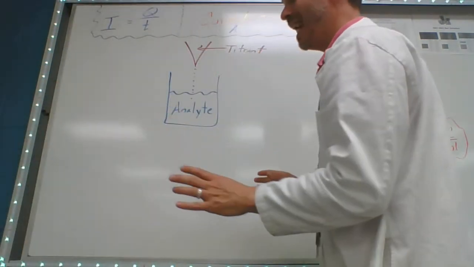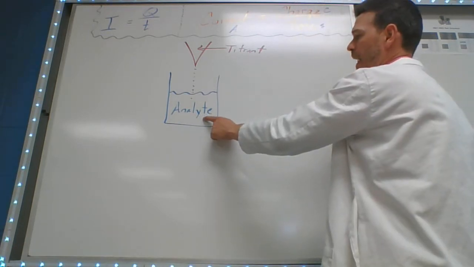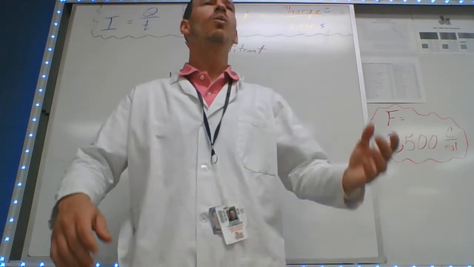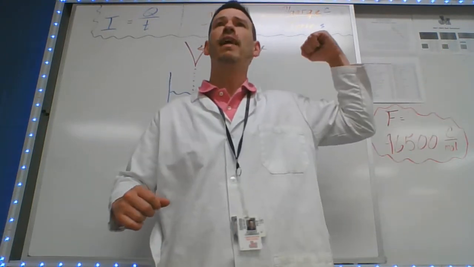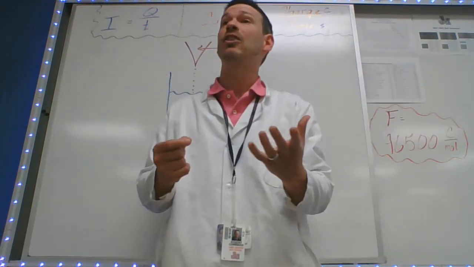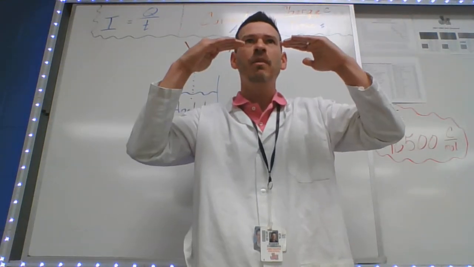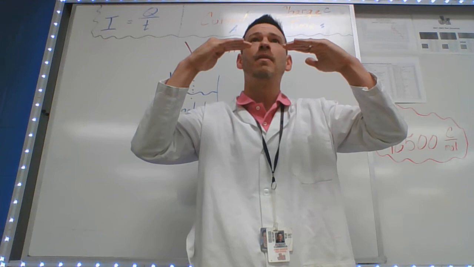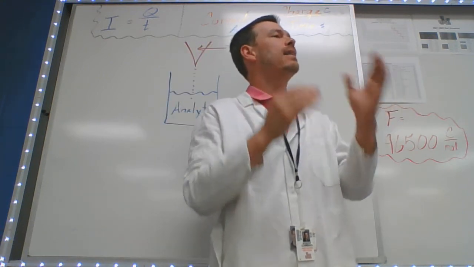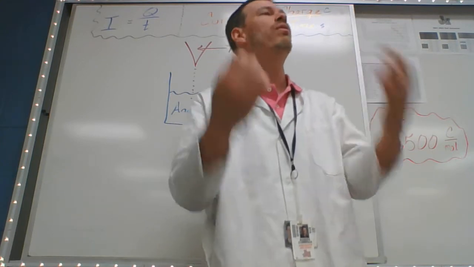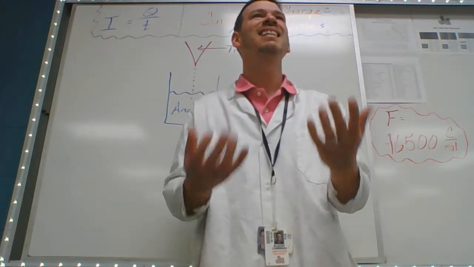Keep in mind, in this example, we're saying the analyte is a strong acid and the titrant is a weak base. That means that your starting stuff is much stronger than the stuff that you're adding to it. So once you get to the point where you've got equal amounts of them, but the acid is way stronger than the base, then we would expect the equivalence point to be less than 7. We would expect the equivalence point to be acidic.